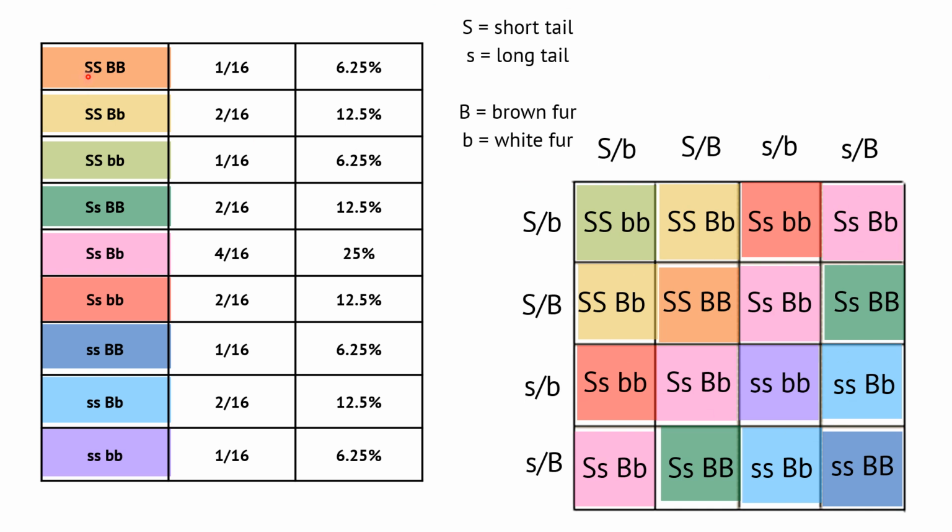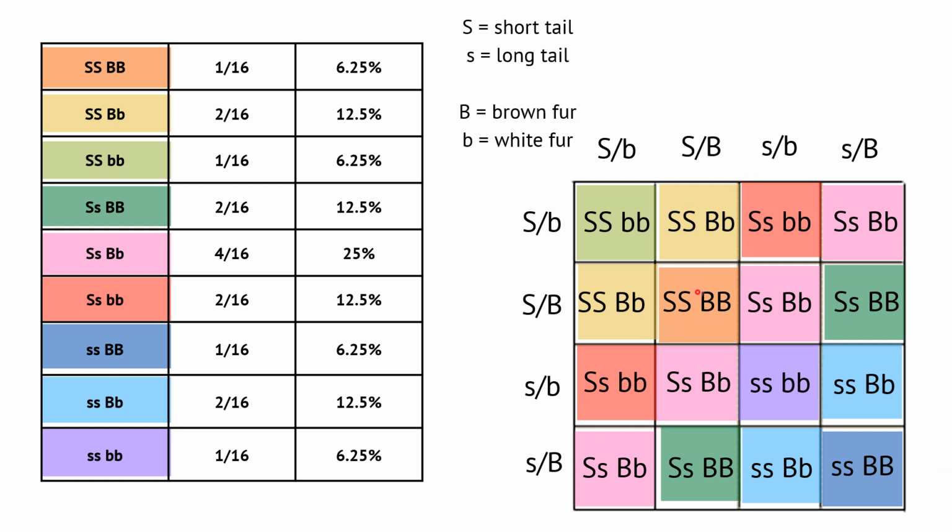So if we're looking at this one here, one of the 16 combinations will produce a homozygous dominant offspring for both the tail gene and the fur gene. So capital S, capital B, only one out of the 16 possible options could have that.